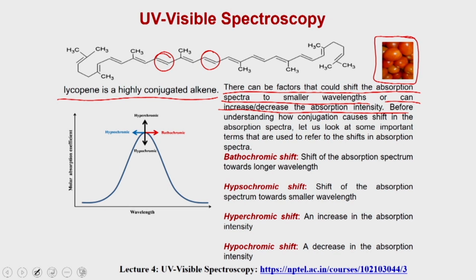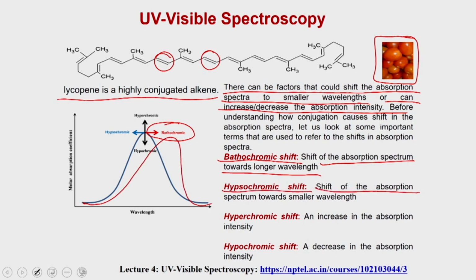You can have the bathochromic shift, which means the shift of the absorption spectra towards the longer wavelength. So if you have a bathochromic phenomenon, there will be a shift like this. Then you have the hypsochromic shift, which means a shift of the absorption spectra towards the smaller wavelength, which means it is going to shift like this.